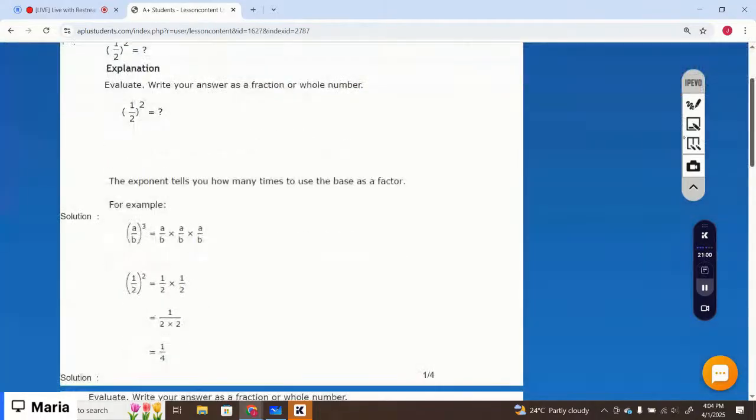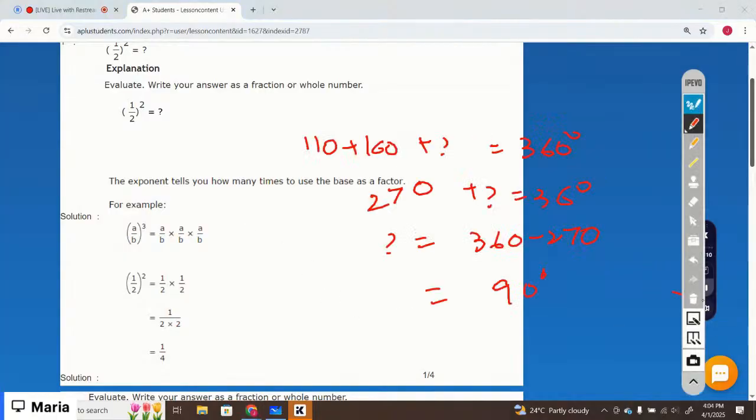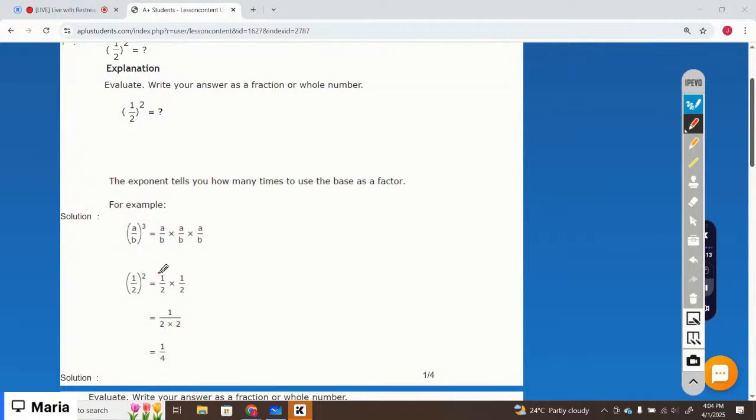So 2 is the exponent of both the numerator and denominator. The exponent tells you how many times to use the base as a factor. So (1/2) squared means you have to multiply 1 times 1 and 2 times 2. So 1 times 1 is 1 and 2 times 2 is 4. So that is 1 over 4.